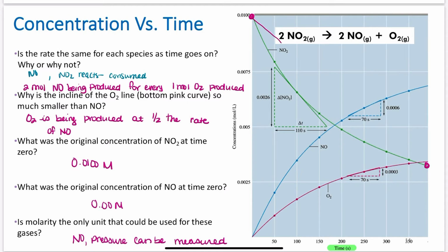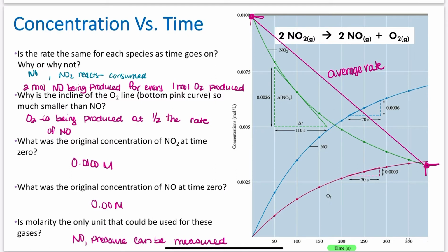If I compared the average X and Y here versus here, that would be the average rate of the entire run that I have.